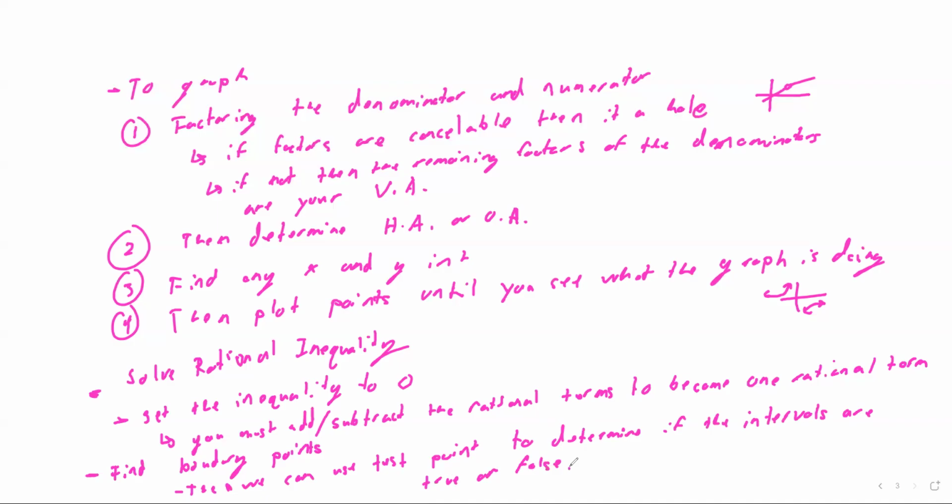Just like we did with polynomial inequalities, rational inequalities have the same concept. It's just a little bit more work than polynomials. All right, so that's pretty much everything that's in 5.5. So let's do some examples so that we understand what I just said and understand your homework.